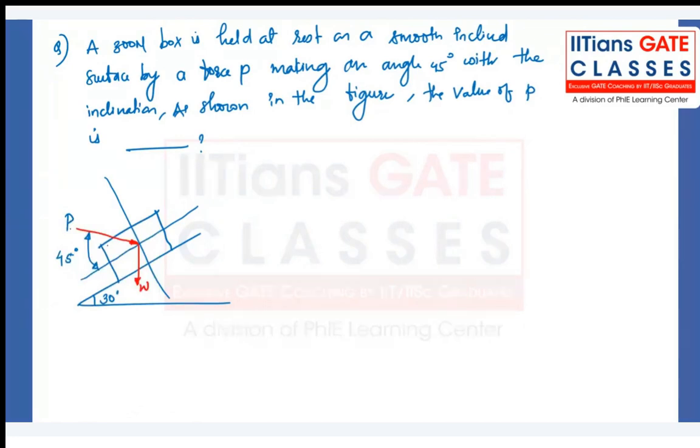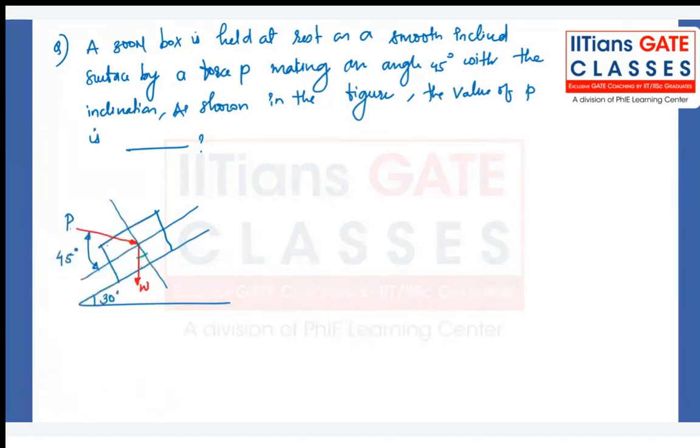If this is 30, this has to be 30. Why? Because if the angle between two lines is 30 degrees, the angle between their perpendiculars is also 30 degrees. This is also 30.